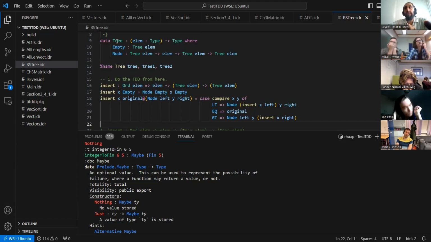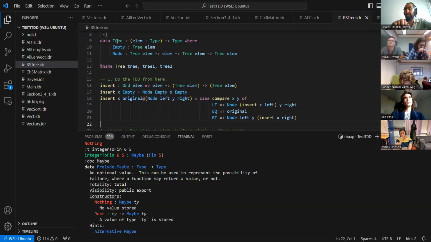So even though empty as a label for the type constructor can be used for every instantiation of the type LM for the data type tree, Idris still does perform type deduction, and that's the reason why we are allowed to just write empty without any explicit mention of the type.